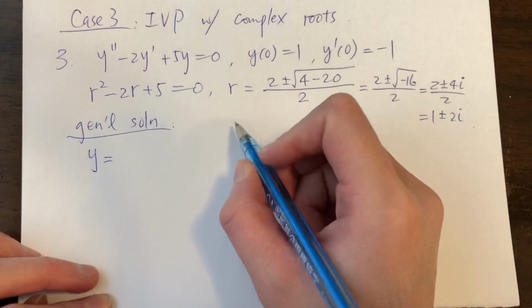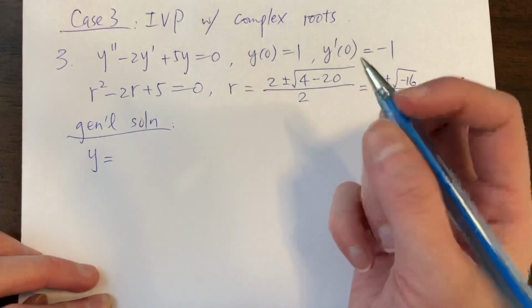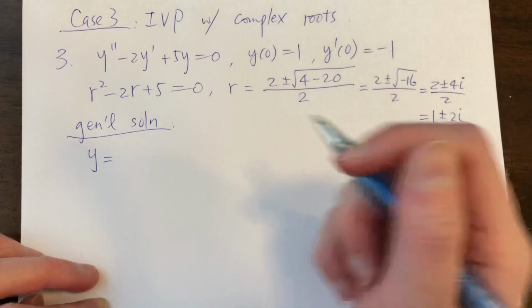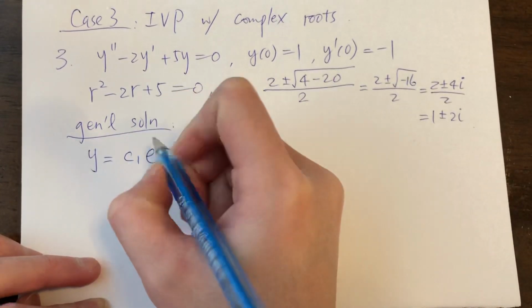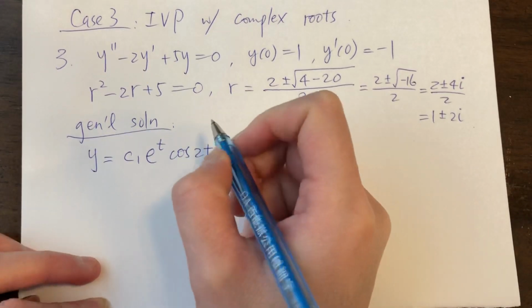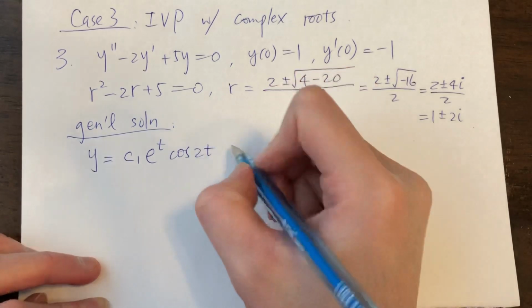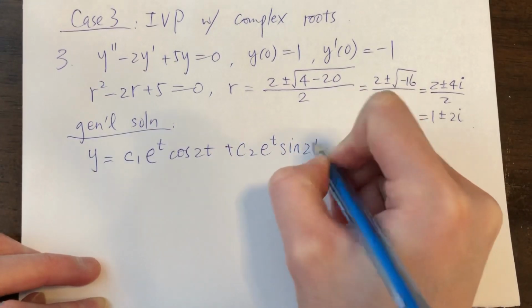So e to the i times something should be related to cosine and sine. So that's why the general solution for this case will look something like this. So it's c1 e to the t cosine 2t plus c2 e to the t sine 2t.